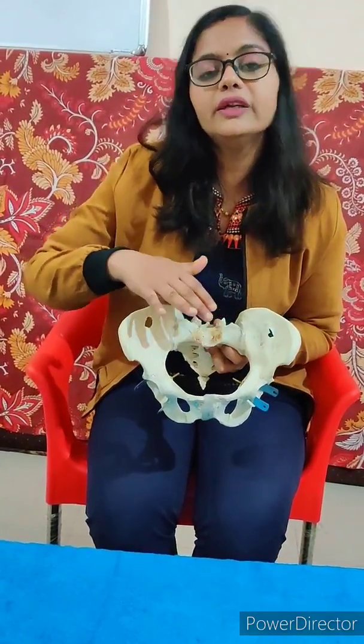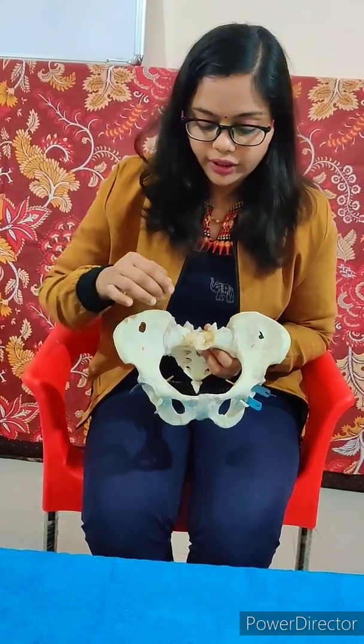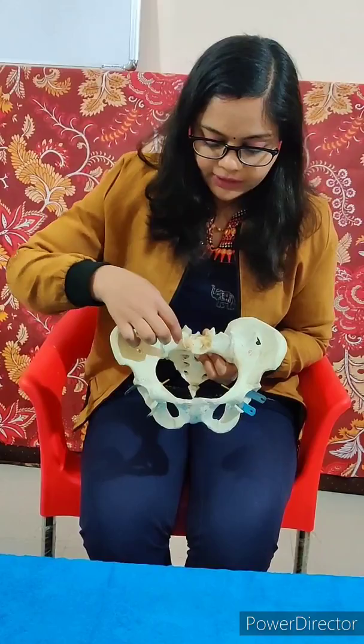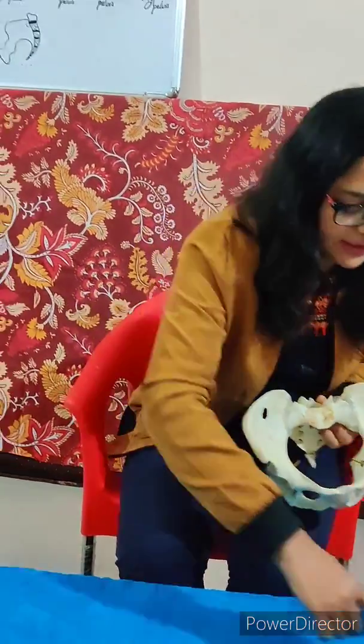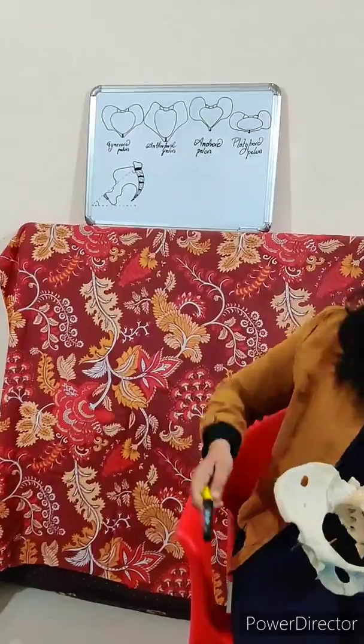Then the diameters of the inlet. First, the shape of the inlet. The shape of the female pelvis is mostly gynecoid, which is more or less round. So let us see the different types of pelvis.